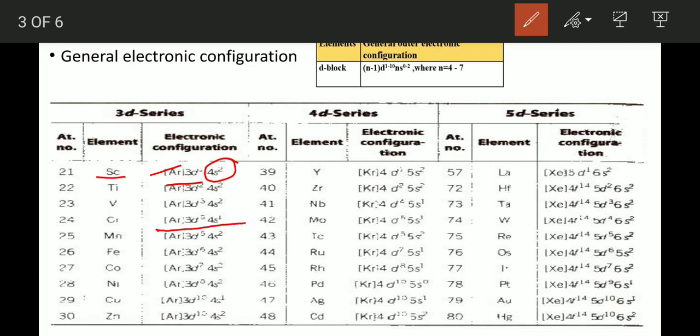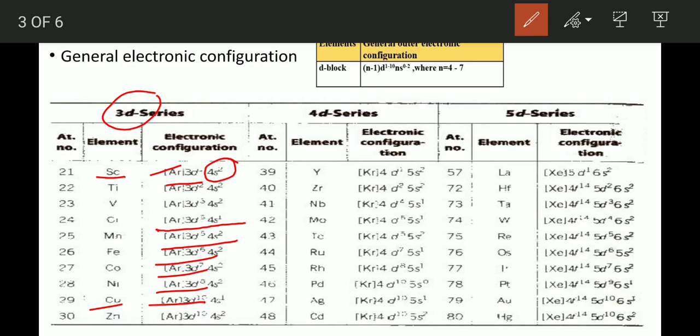Here is the abnormal behavior of chromium, I will explain afterward. Manganese 3d5, iron 3d6, cobalt 3d7, nickel 3d8, copper, here also anomalous behavior, and zinc, 3d10 4s2. So we observe that the last, differential electron enters the d subshell, 1 to 10, Sc to zinc. That is what is called the 3d series.